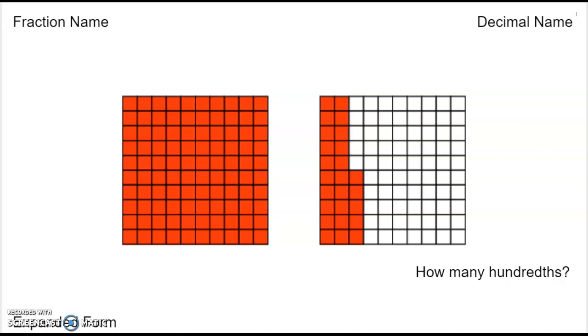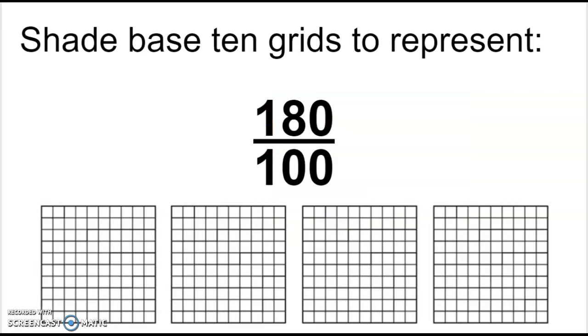Okay, so now hopefully you paused the video to do the red one. I want you to try to do 1 or 2 of the next 3. So I've got a couple different challenges for you. This one says, shade the base 10 grids to represent, I'll read it with you, this might help you, 180 hundredths.